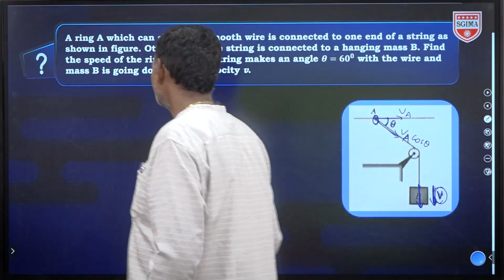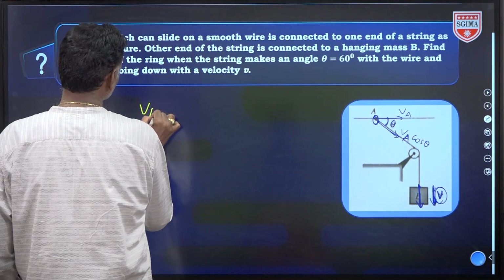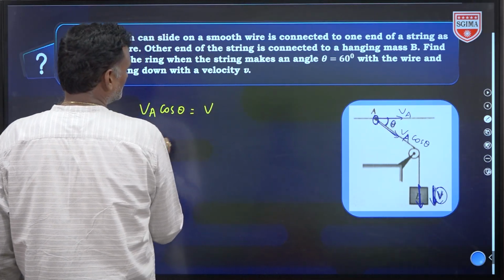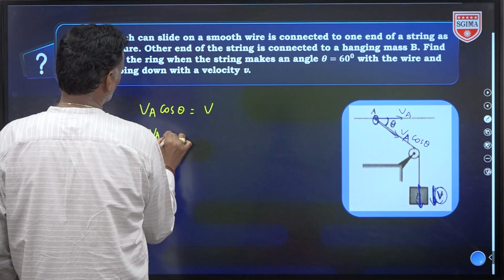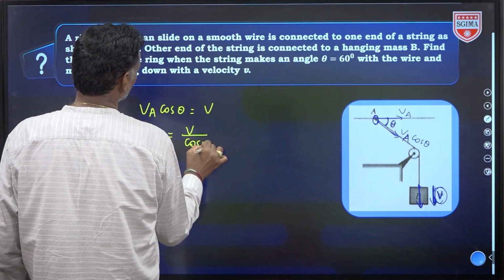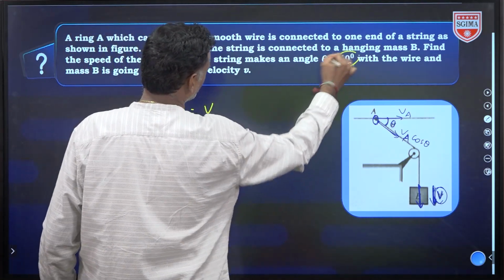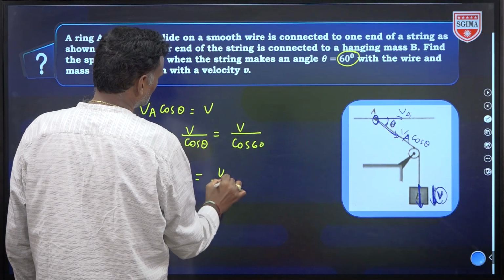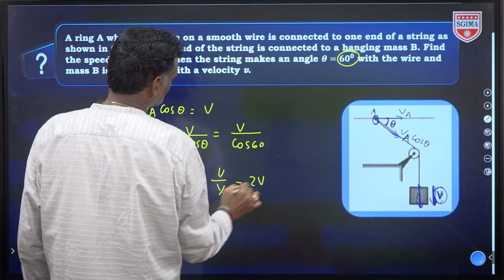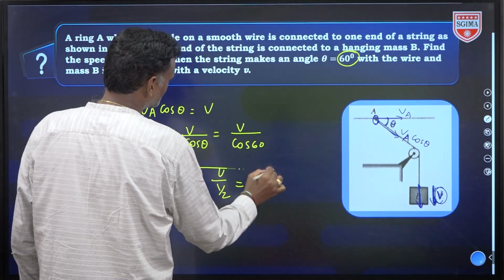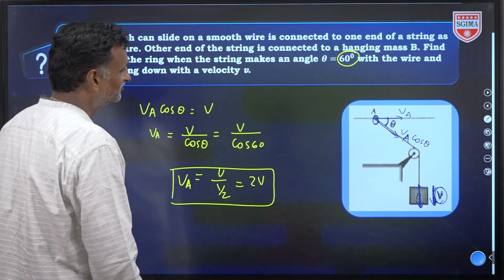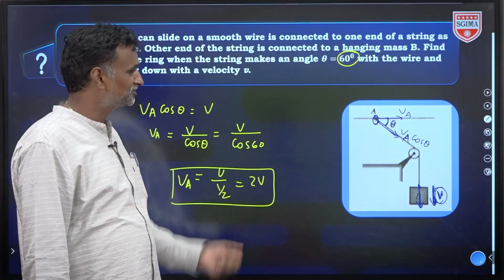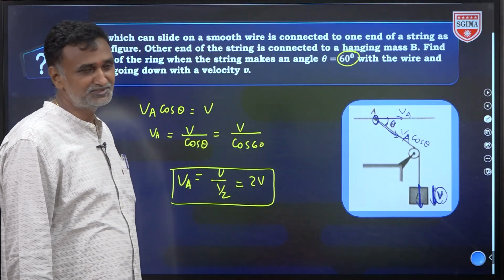So VA cos theta equals V, and they are asking for VA. So simply V by cos theta, where theta is given as 60 degrees. So V by cos 60, V by 1 by 2, which gives 2V. So this is the velocity relation between block and ring. Very simple way we can solve this kind of question.